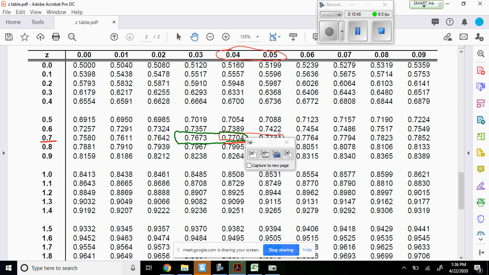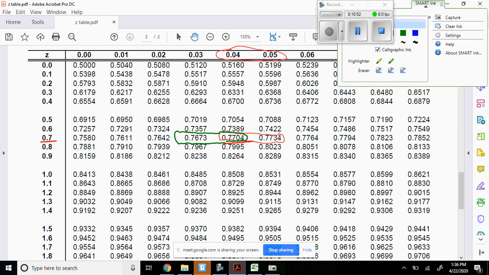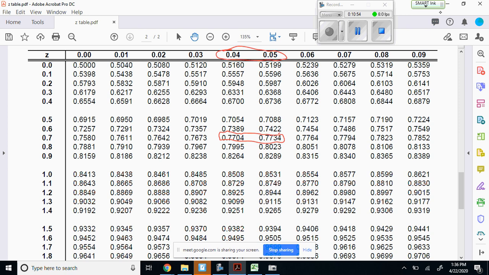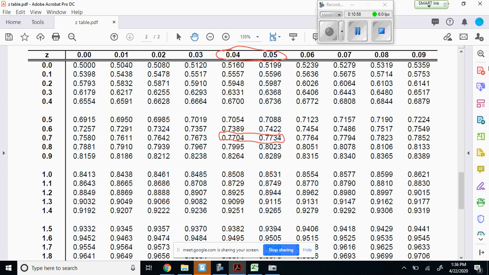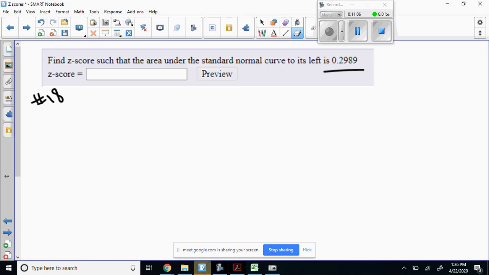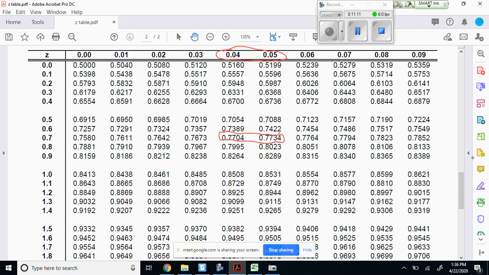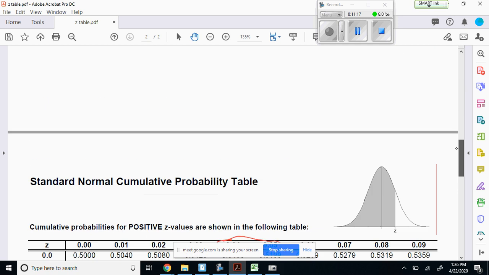I'm going to clear all my ink. I'm looking for 0.2989. Well, it's not in the positives, it's in the what?